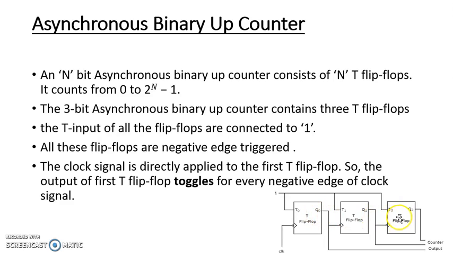Similarly, the second flip-flop's output Q1 is connected to the clock input of the third. So in the up counting process, the Q output is connected to the clock input of the next flip-flop.